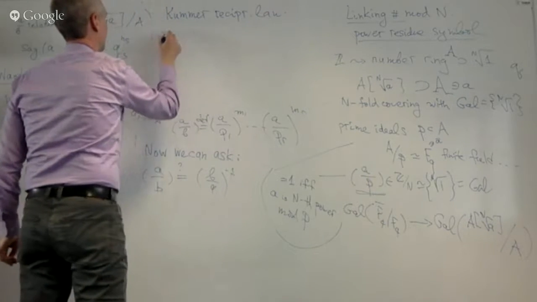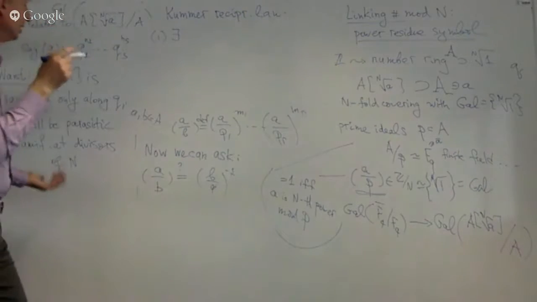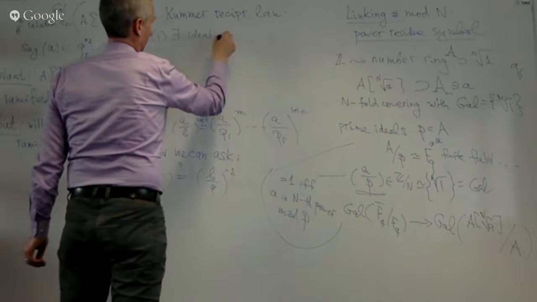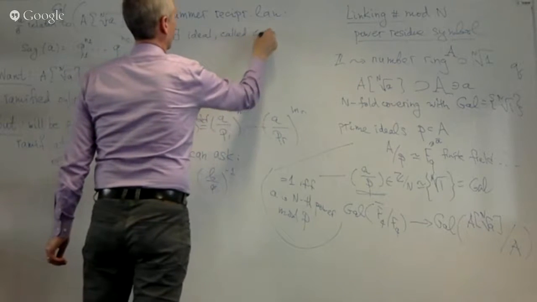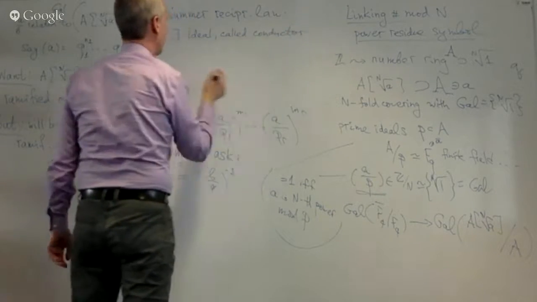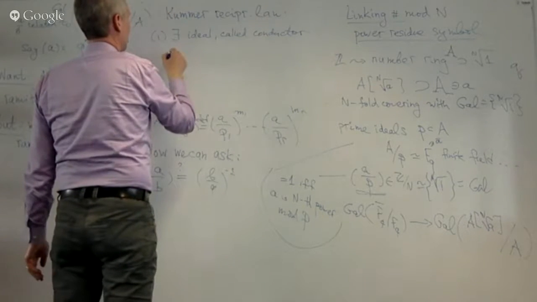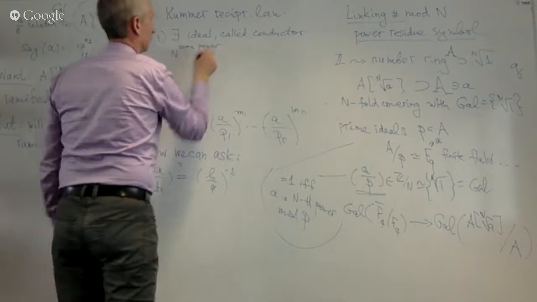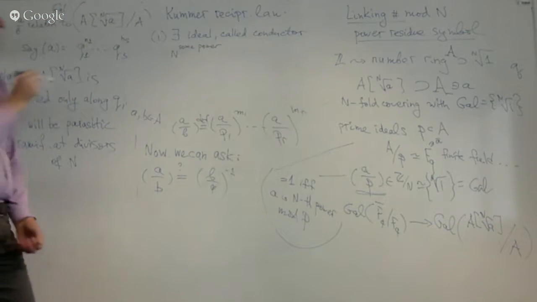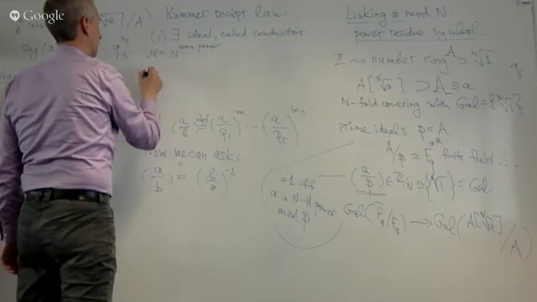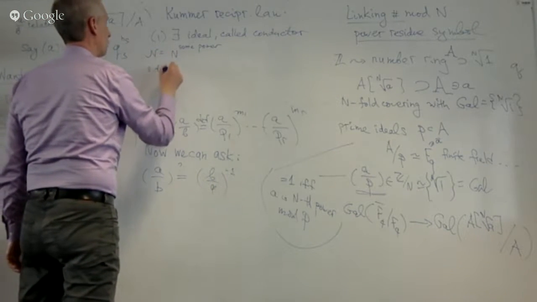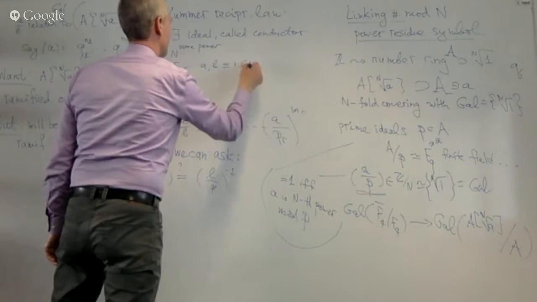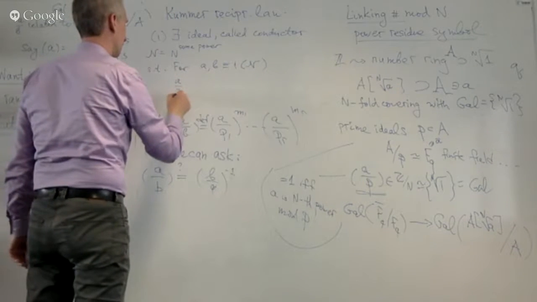In rough form, there exists some ideal called the conductor, basically n to some power, such that for A and B congruent to 1 modulo it, we have this.